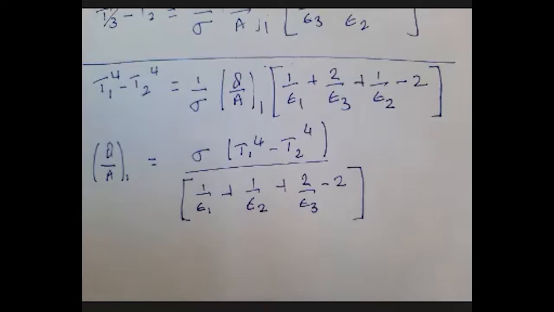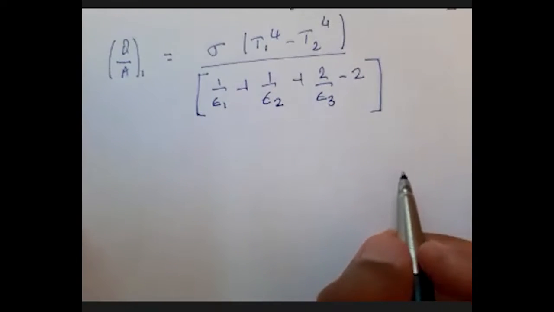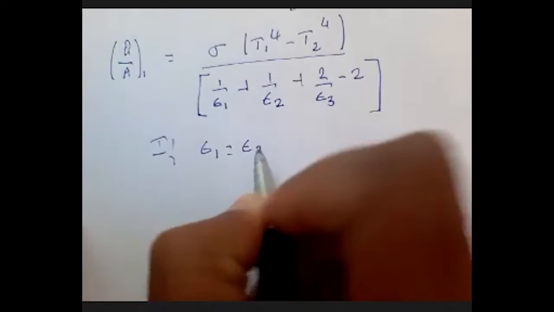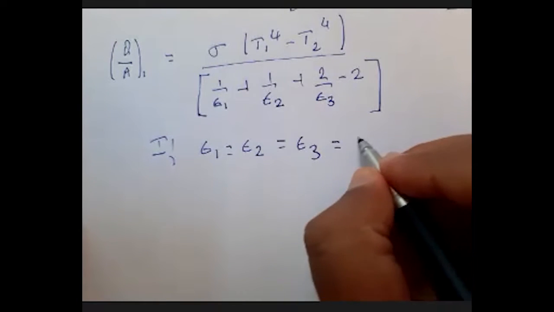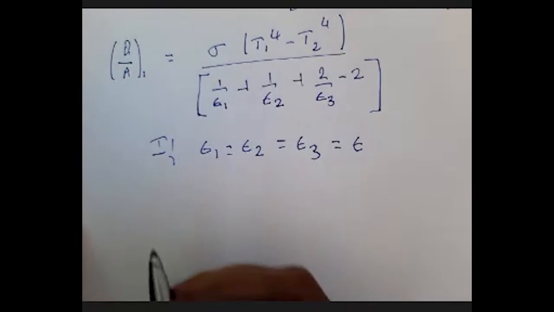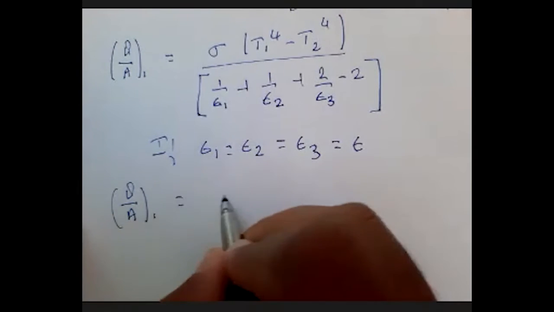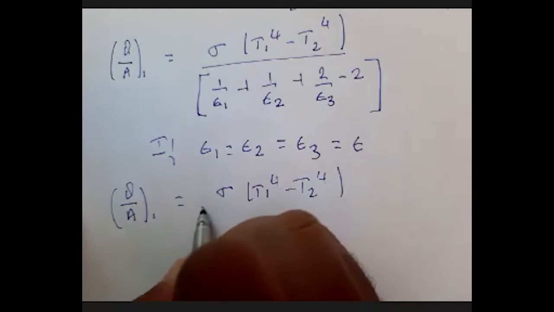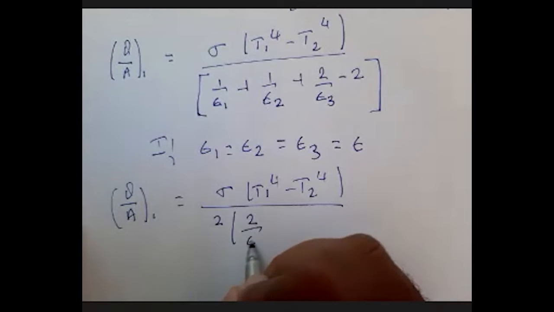And suppose if I have the emissivity epsilon 1 is equal to epsilon 2 and it is equal to epsilon 3, and if I take it equal to epsilon, my above equation will be reduced to sigma into T1 raised to 4 minus T2 raised to 4, this will be reduced to 2 upon 2 by epsilon minus 1.